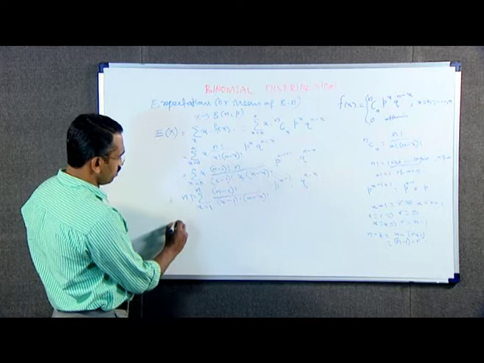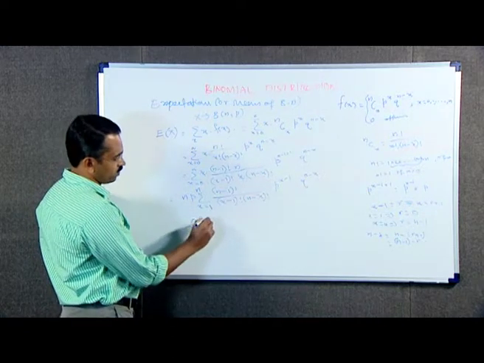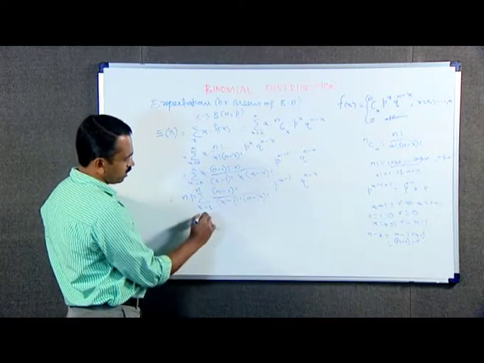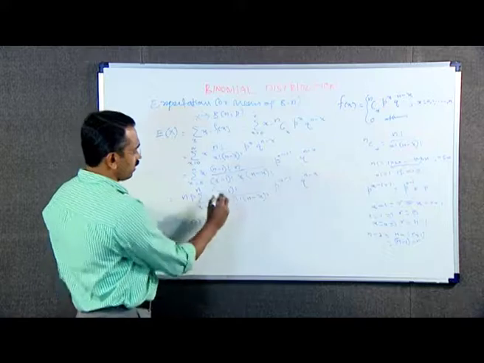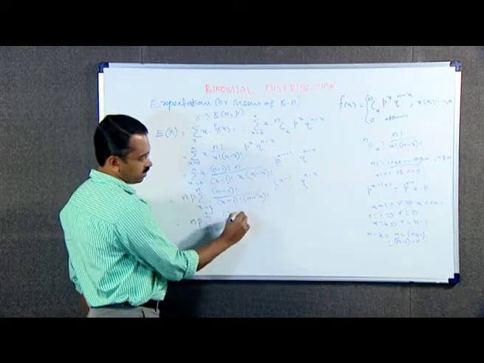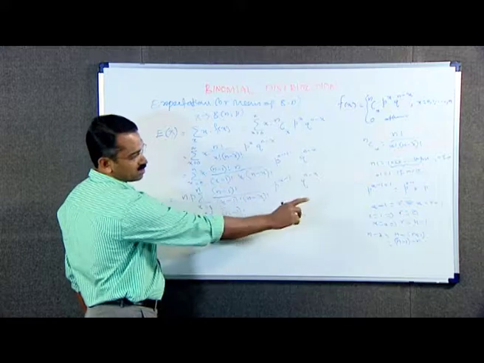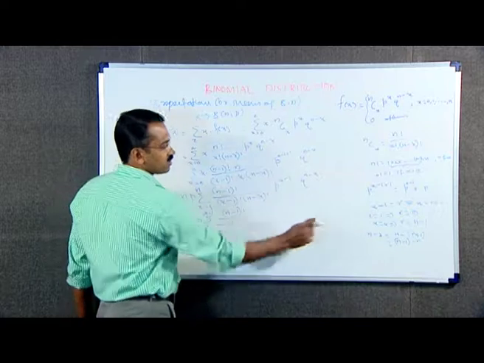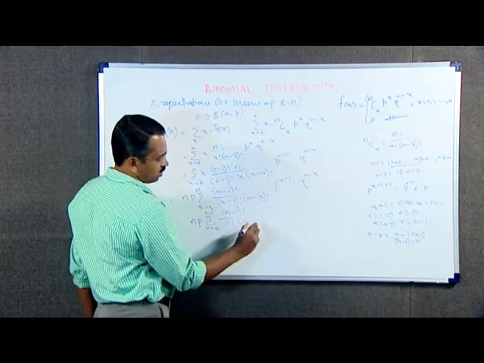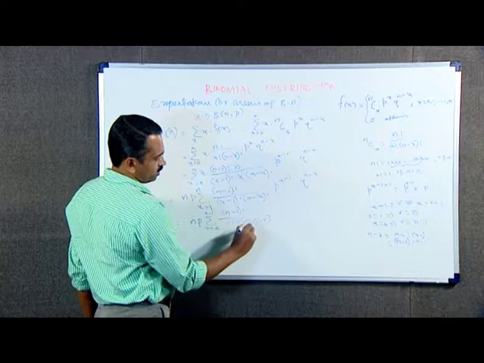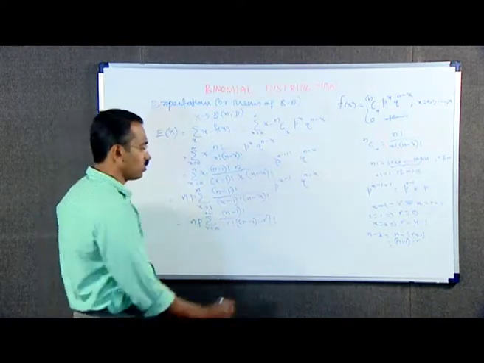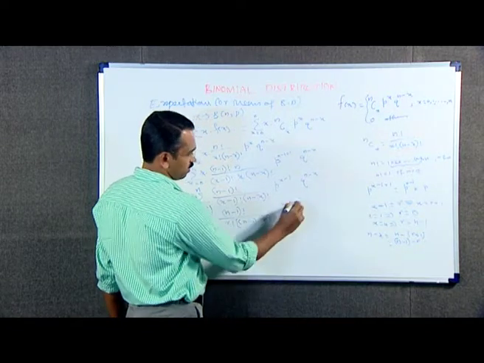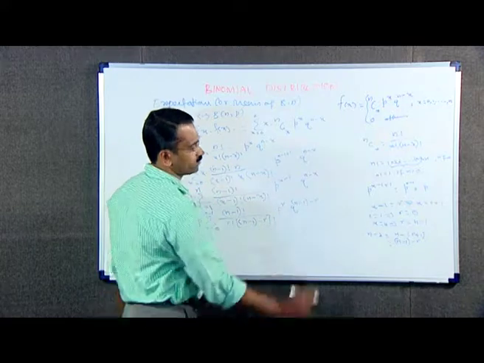Therefore, this is equal to n p into summation r varies from 0 to n minus 1. Here n minus 1 factorial in the numerator divided by x minus 1 is r, that is r factorial. N minus x is n minus 1 minus r factorial. P raised to r, q raised to n minus x is n minus 1 minus r.